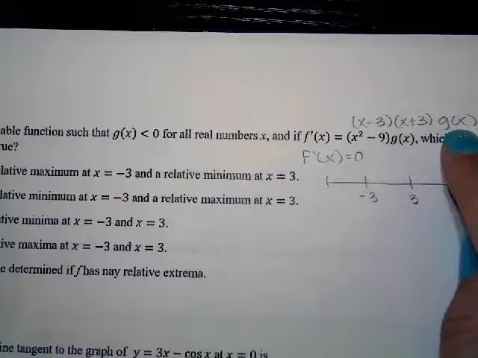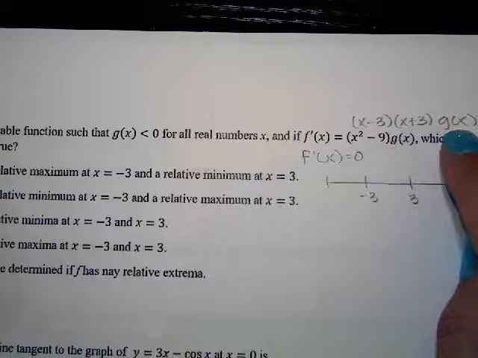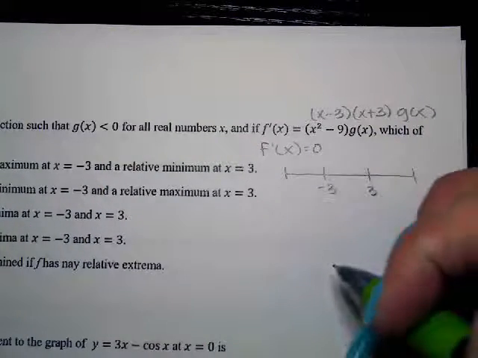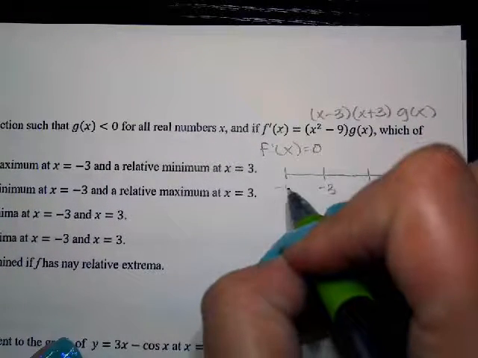Like it's just something that's always negative, or maybe it's like a negative e to the x. Like I can't solve it to get anything, but no matter what I plug in, it's going to give me a negative answer. Does that make sense? Okay. And then I'm going to say over here, like I've got a negative infinity and a positive infinity.